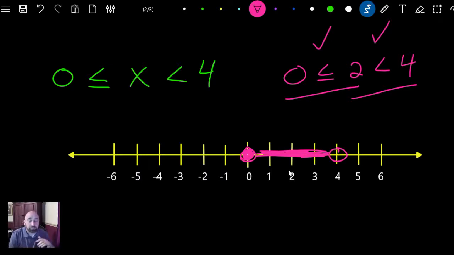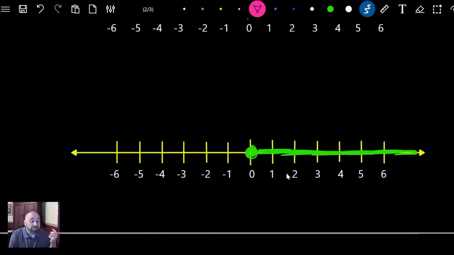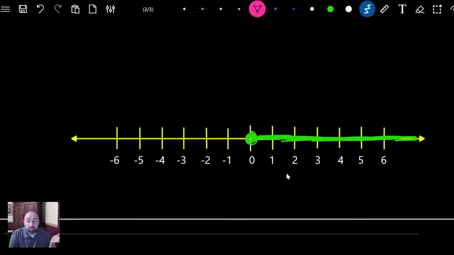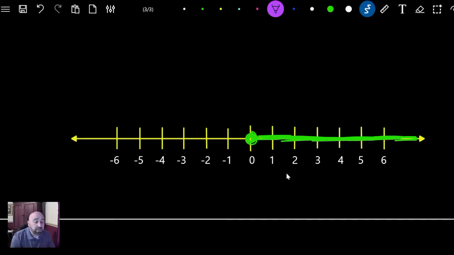Now, let's quickly say, well, what if they just give me a graph? Can I make an equation or an inequality from the graph? Yes, you can. How do you do that? Take x, because that's our number that we're trying to figure out.